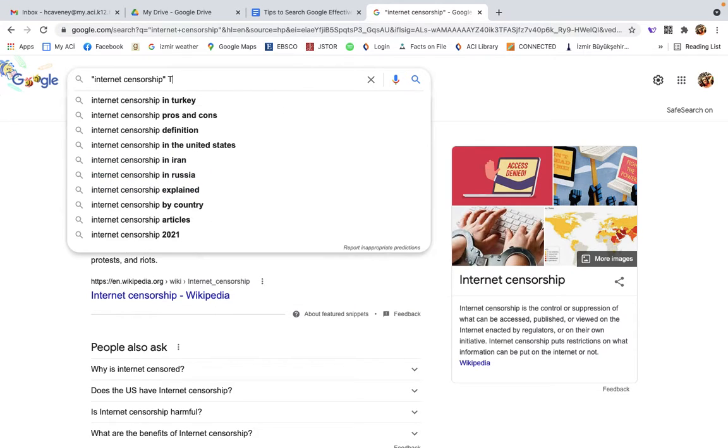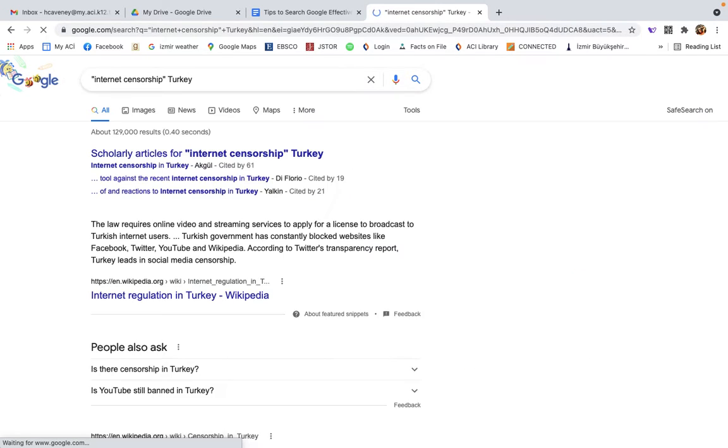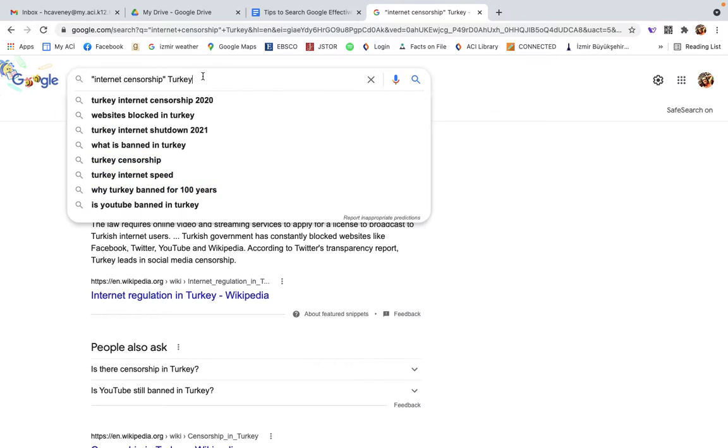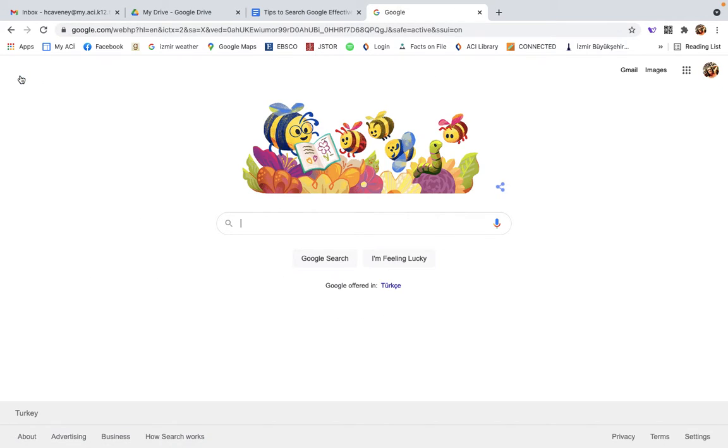Now, if I add another term, say Turkey, now I'm down to 129,000, okay? Because that's looking for websites that have the phrase internet censorship and then also the word Turkey on it somewhere, all right? So the more you can focus your search with additional search terms, the better.